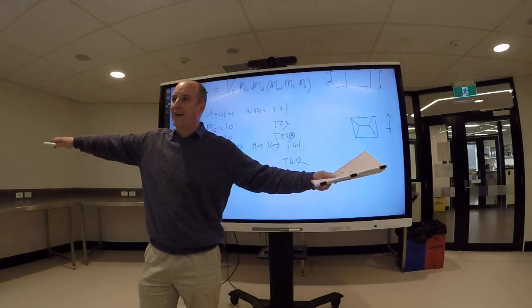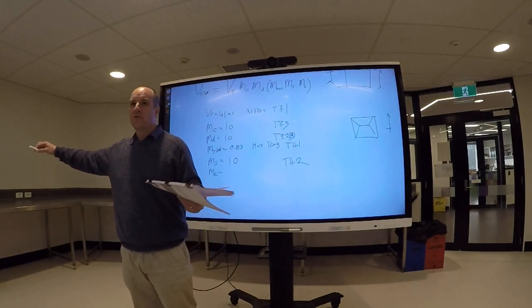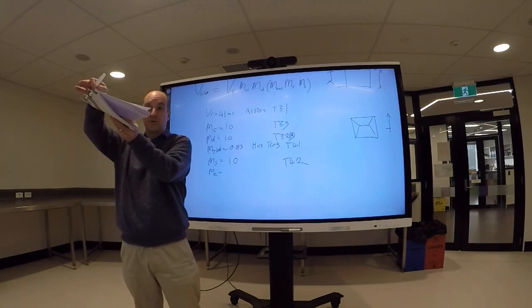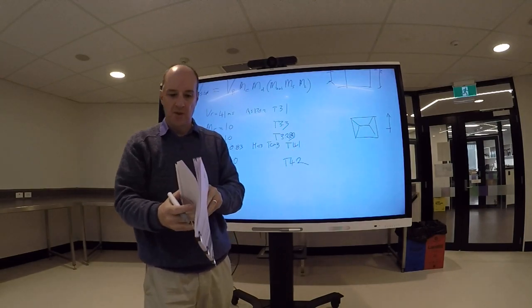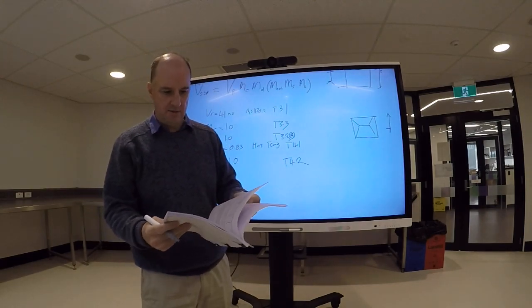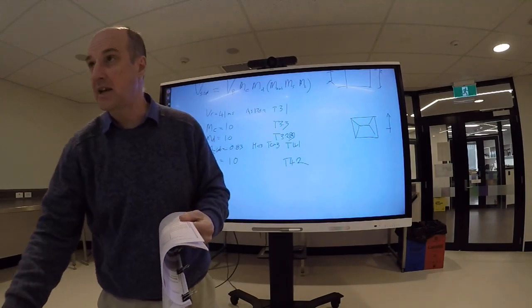Where you have flat ground and there's a hill, the wind gets compressed as it goes over the hill. You end up with a higher wind speed over the hills. There's a couple of formulas and a couple of tables for that.